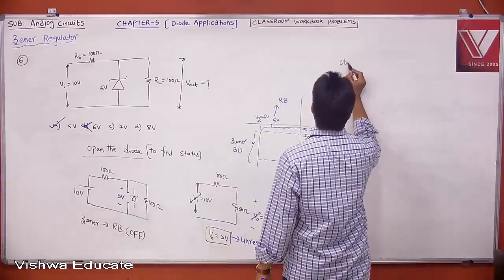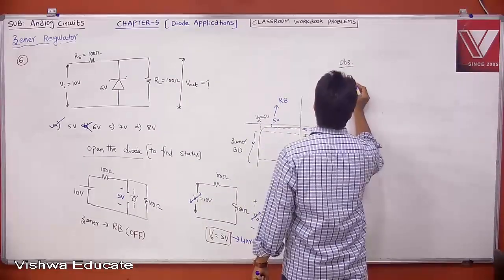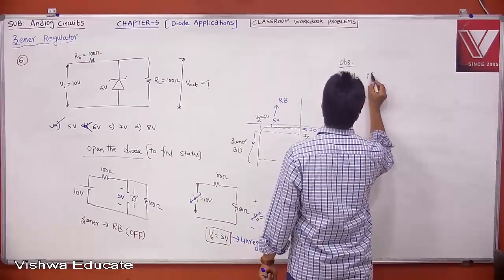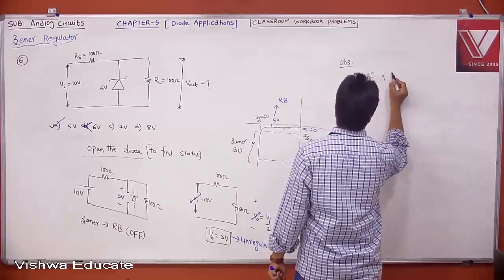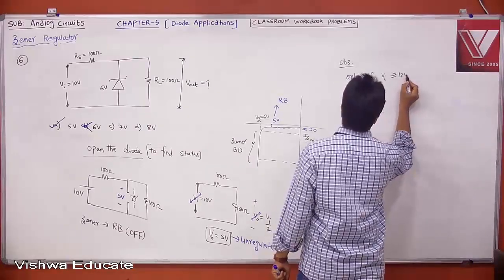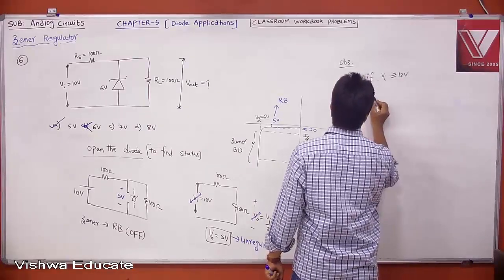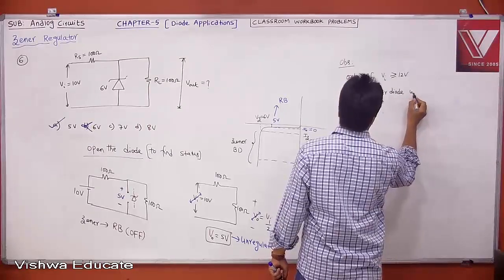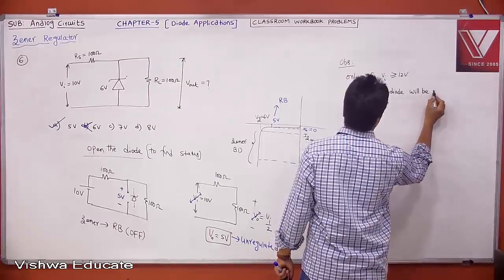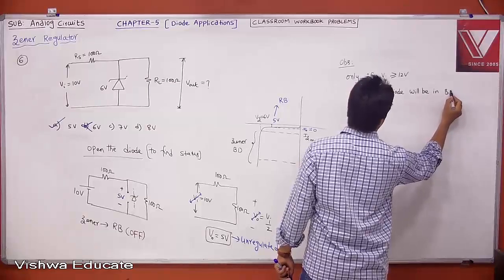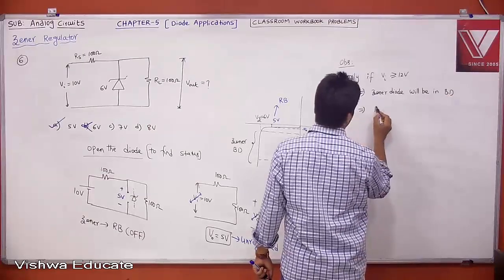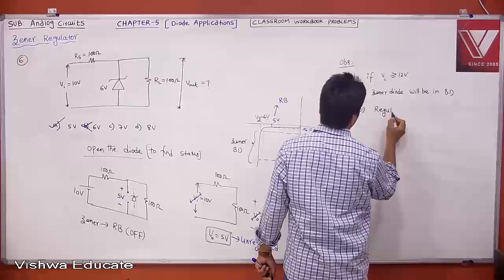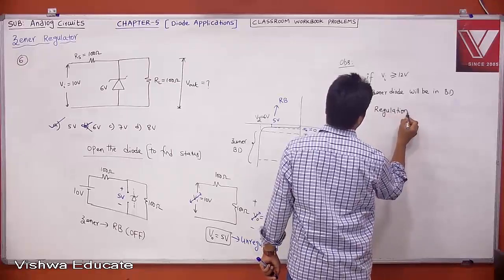Therefore, only if VI is greater than or equal to 12 volt, then the Zener diode will be in breakdown. Then only regulation.